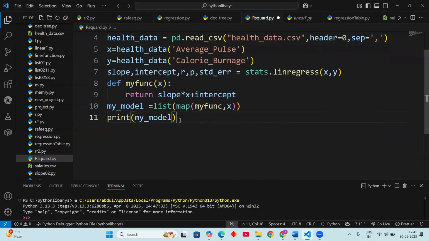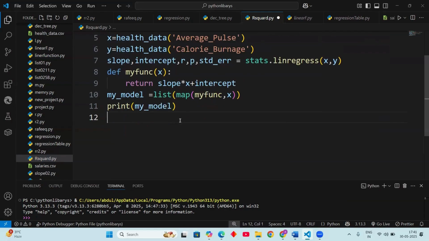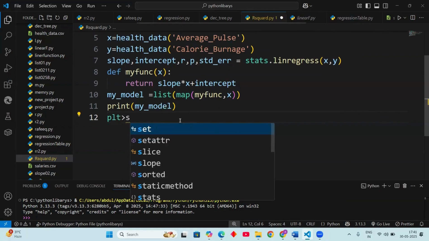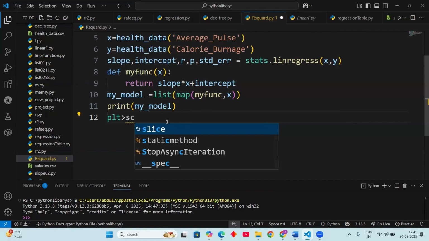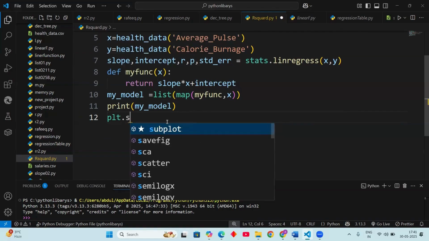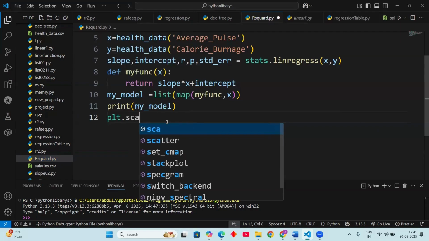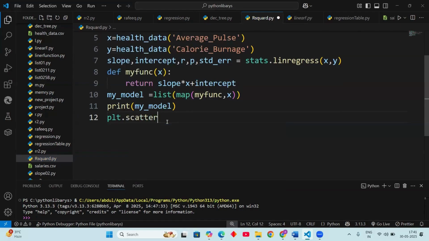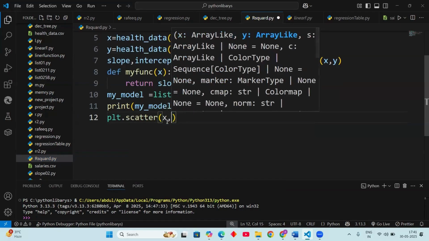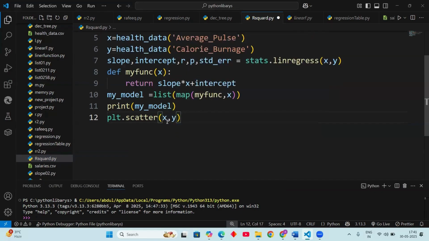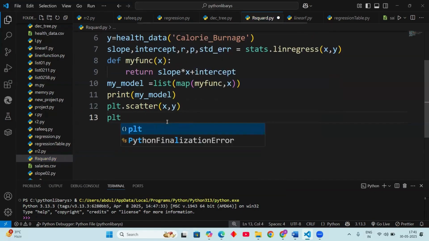Okay. So now after that, we want to plot the data. For plt, I am using scatter for X and Y, right? From X and Y I want to plot.